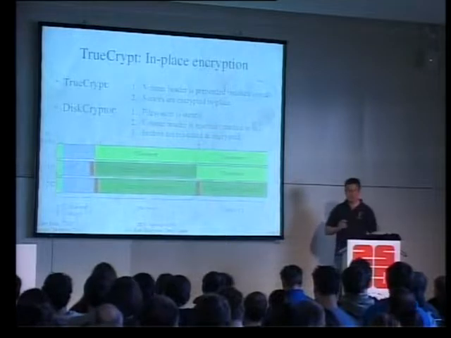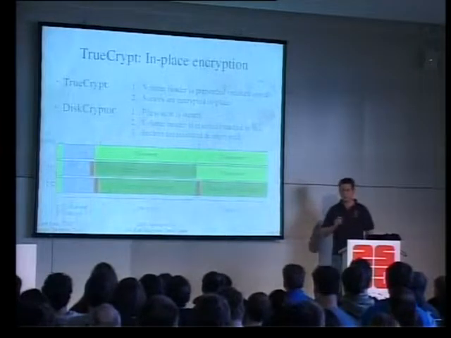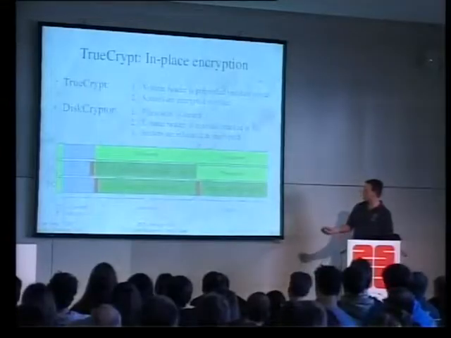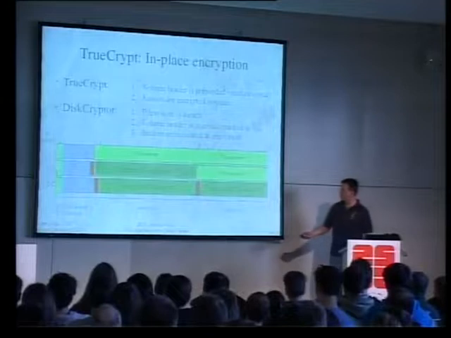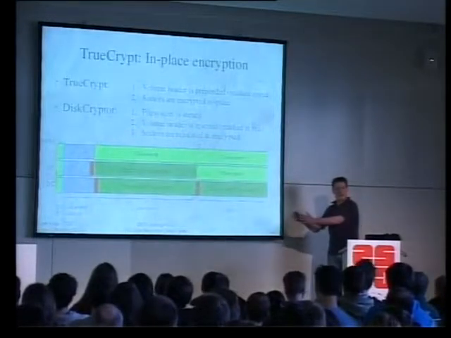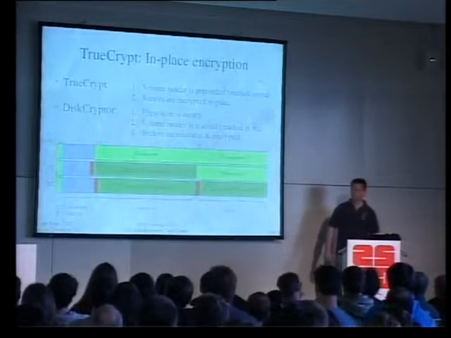This cryptor is a little bit different in that respect. It actually shrinks the file system a little bit and places the TrueCrypt header inside the partition. So I would argue it's even a little bit more compliant with the TrueCrypt specifications than TrueCrypt itself. What it does is it inserts the header here and then pretty much shifts every block back one when it's being encrypted.